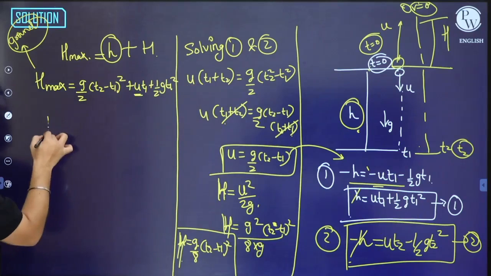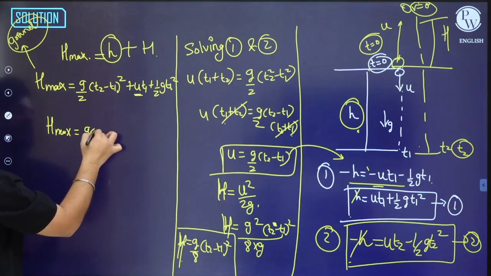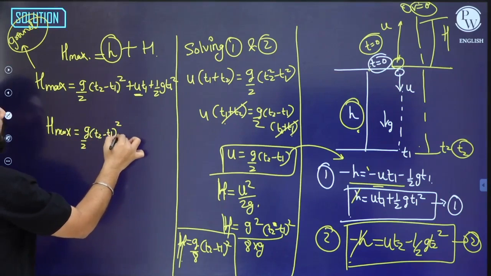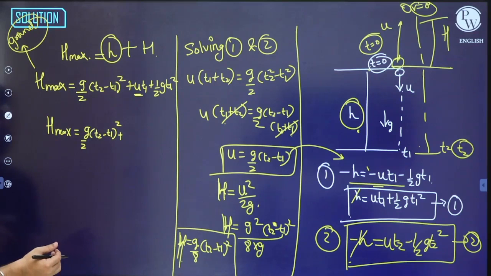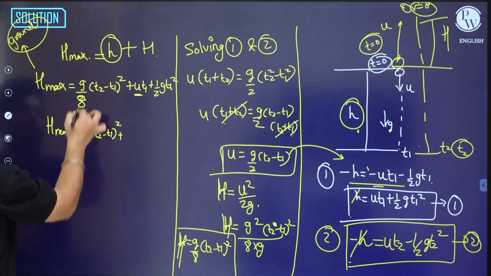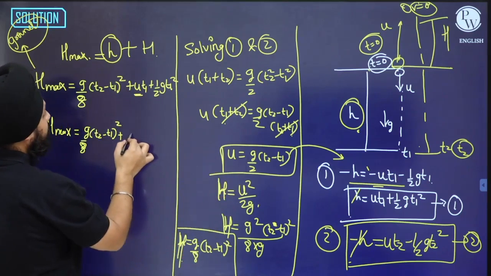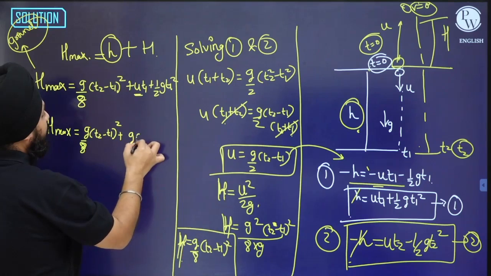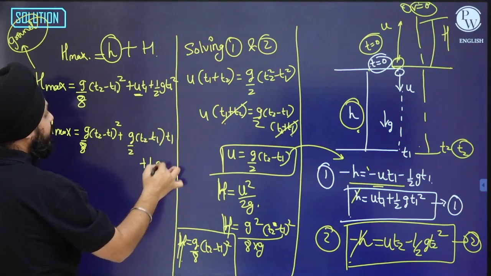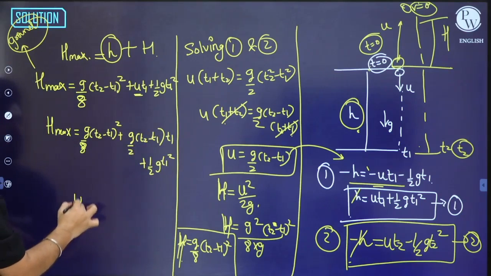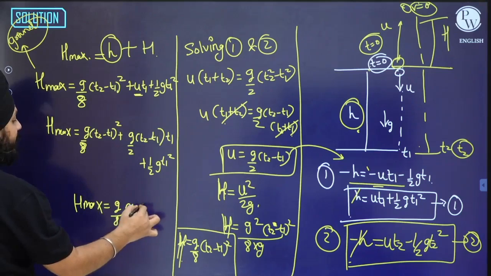Replacing the value of u, H max is equal to g by 8 (t2 minus t1) whole square plus g by 2 (t2 minus t1) into t1 plus half g t1 square. Resolving this, we are getting the maximum height as g by 8 (t1 plus t2) whole square.